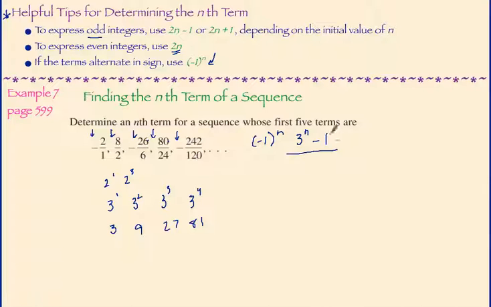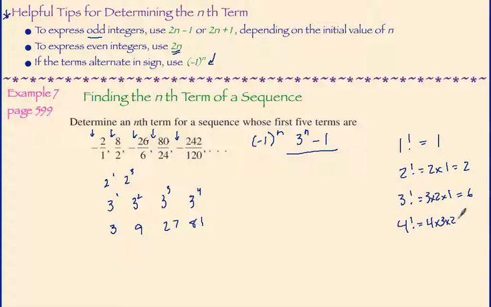Now the denominator is going to be factorials. Since you're not as familiar with factorials, you might not recognize that, but 1 factorial is 1, of course, and then 2 factorial is 2 times 1, which is 2. 3 factorial is 3 times 2 times 1, which is 6. 4 factorial is going to be 4 times 3 times 2 times 1.